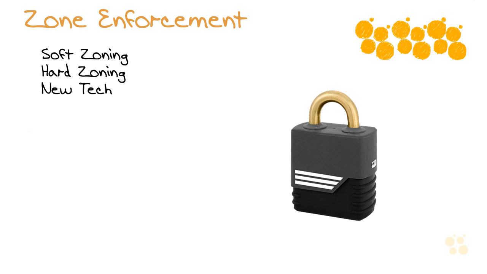Soft zoning is enforced by the fiber channel name service. When devices connect to a fiber channel fabric, they use the FCNS to correlate worldwide names to fiber channel IDs and to discover devices on the fabric.